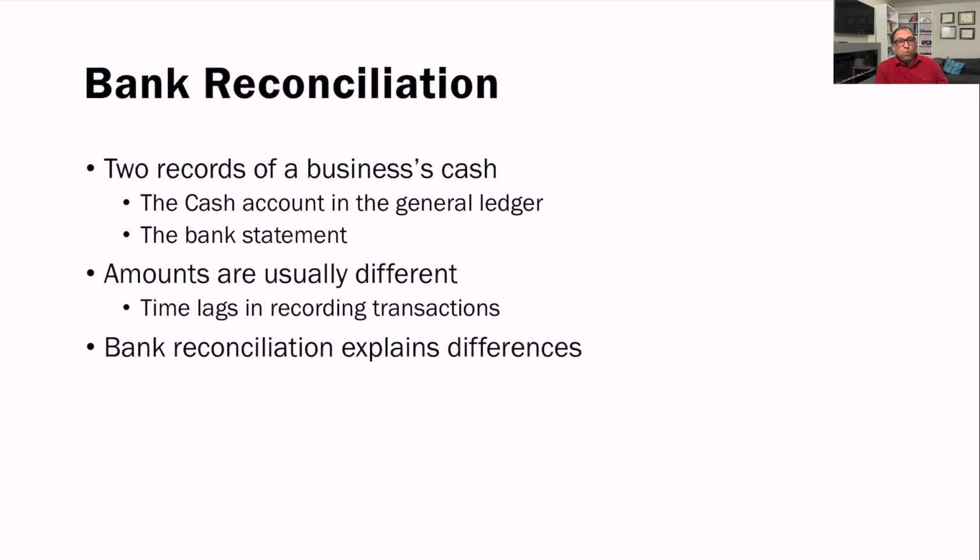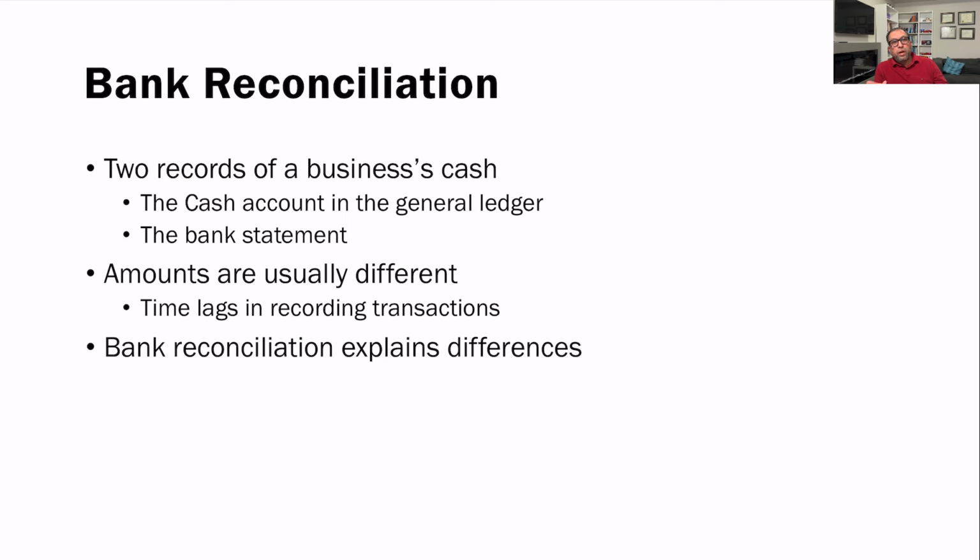Now, why do we need a bank reconciliation? Because there are two records of a business's cash: the cash account in the general ledger, the owner's or business books, and the bank statement, the books of the bank.